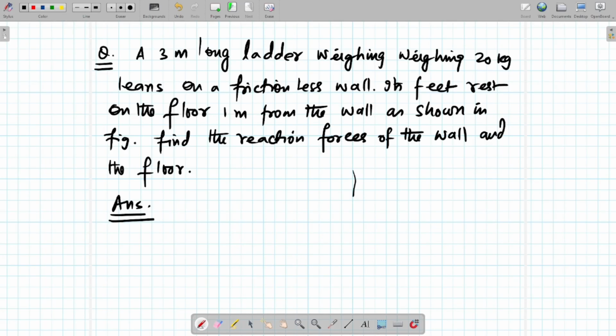So simply a vertical wall, and this is your ladder. Okay, you can say the ladder is AB. All right, and this is your 1 meter. And the ladder is how much? Already given as 3 meter. So you can take it as 3 meter. Now clear? Yes or no?